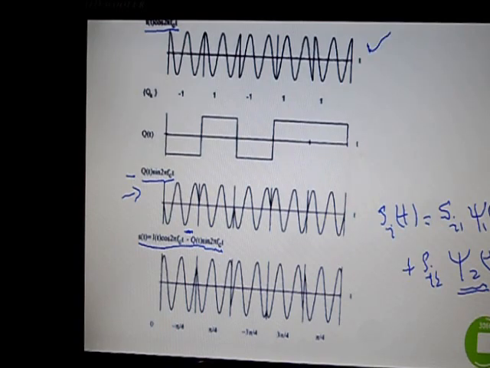We add this waveform with this waveform to get the modulated carrier, shown in the third last figure. This is a QPSK modulated signal. The signal waveform would look like this. It is suitable for transmission now over long distance.